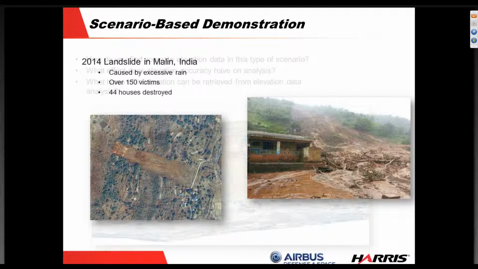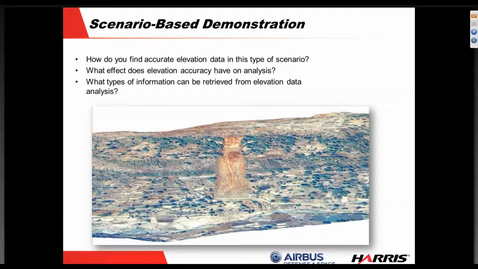Some of the questions that we ask in these kinds of scenarios are, how do you find accurate elevation data in this kind of scenario? After an event like this, it can be hard for responders to get into this area due to the rain or other landslides that might have blocked roads. What effect does the accuracy of the elevation information you can get have on any kinds of analysis that you might run?